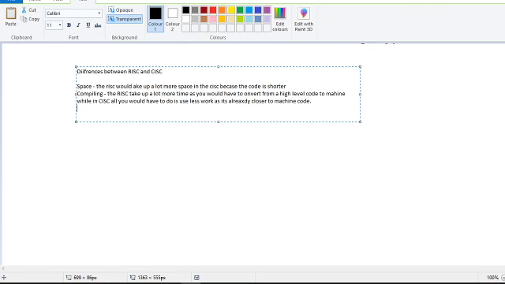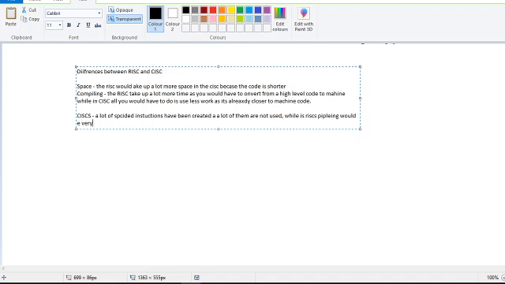The next one is pipelining and specialized instructions. So in CISC, a lot of specialized instructions have been created and a lot of them are not used, while in RISC, pipelining would be very easy as all of the instructions would take one clock cycle.